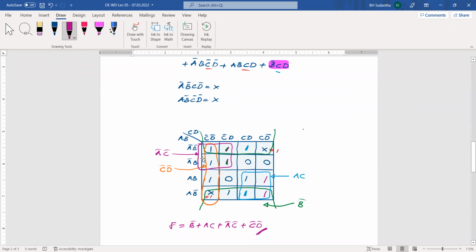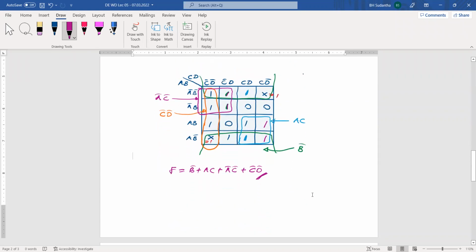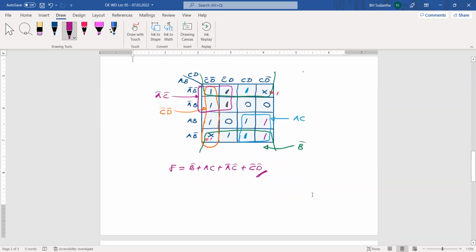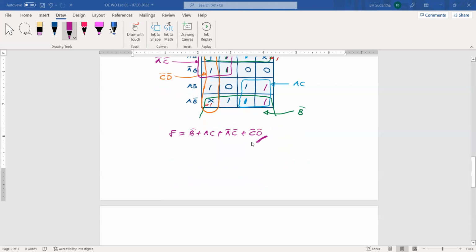But from the map, we can minimize up to this level. This is the way we can minimize.